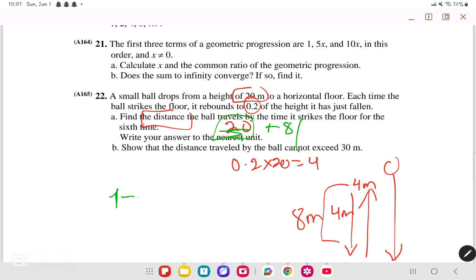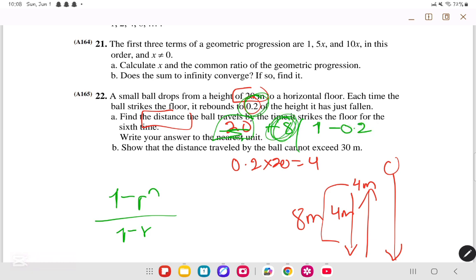It's going to be 1 minus r to the power of n over 1 minus r. So r in this case is 0.2 because it's constant. This is the geometrical constant, it's being multiplied by 0.2 each time. So it's going to be 1 minus r, which is 0.2, but here pay attention.